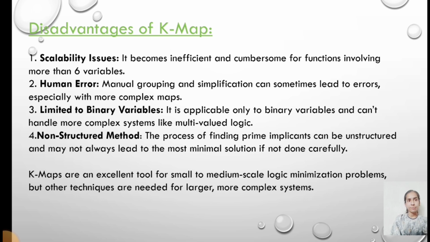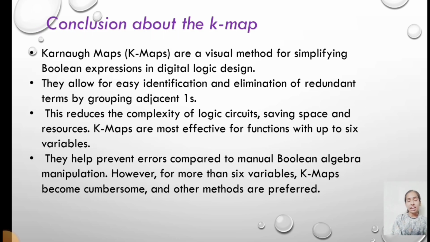Finally, we can see the conclusion about the K-map. Karnaugh maps or K-maps are a visual method for simplifying Boolean expressions in digital logic design. They allow for easy identification and elimination of redundant terms by grouping the adjacent 1s.